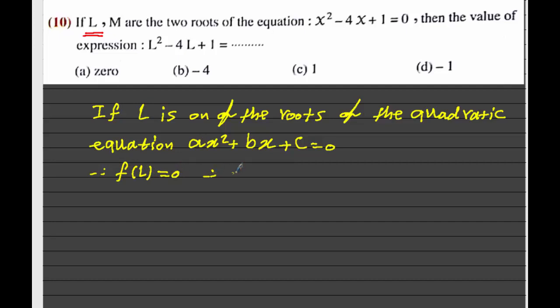That means aL square plus bL plus c also equals 0. So since L is one of the two roots of this equation, you can say that L square minus 4L plus 1 also equals 0. So L square minus 4L plus 1 equals 0, and the solution will be letter A.